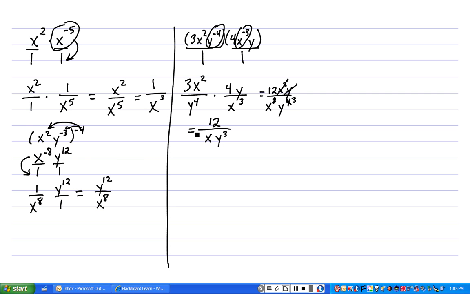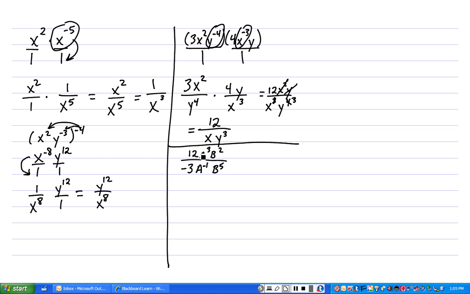Alright. Let's look at another one. Let's say now we have 12 a to the third b squared over negative 3 a to the negative 1 b to the fifth.